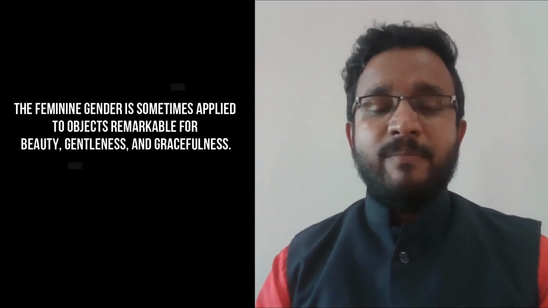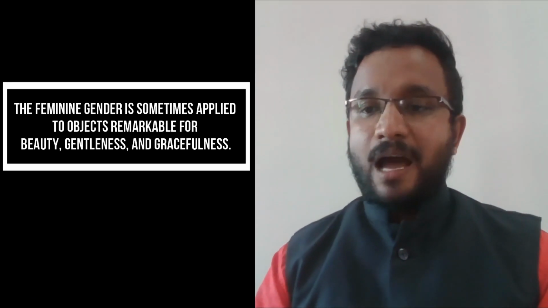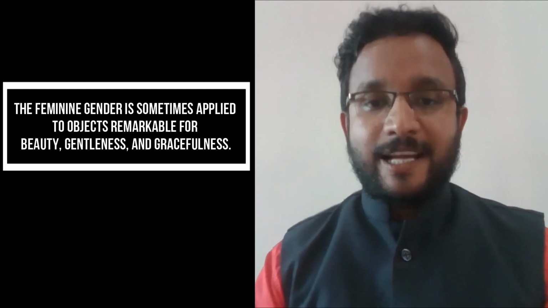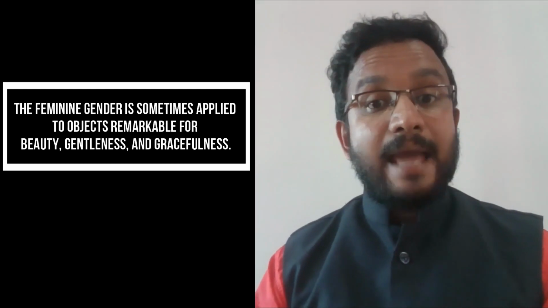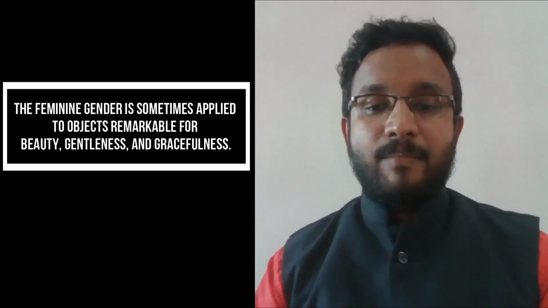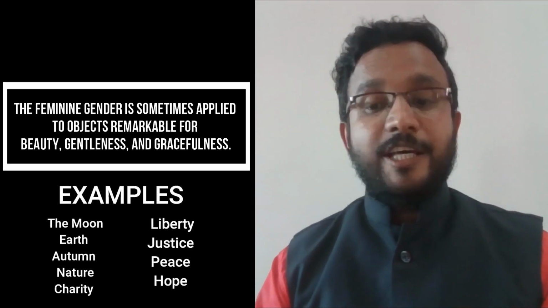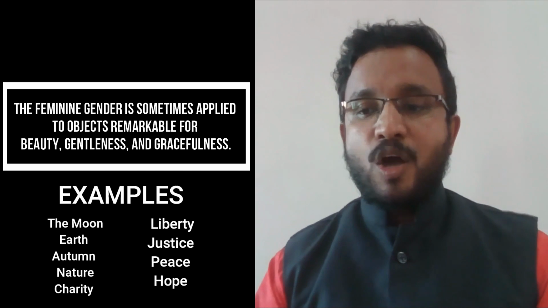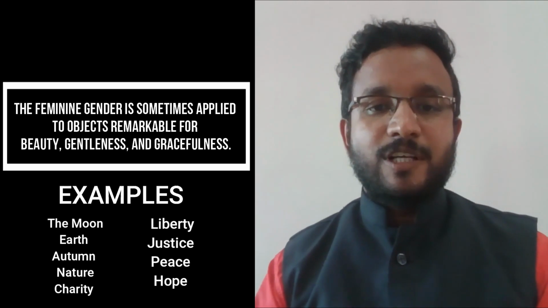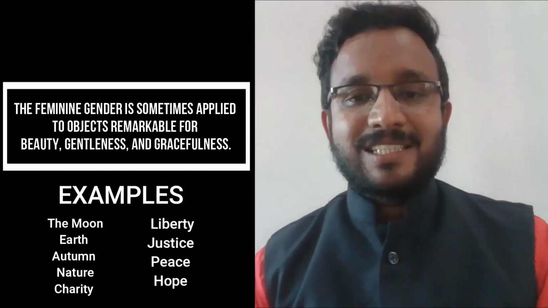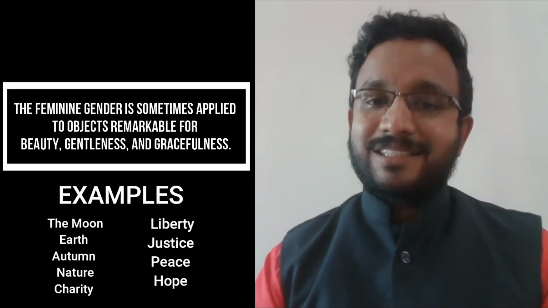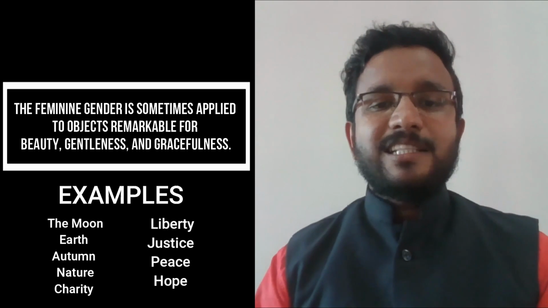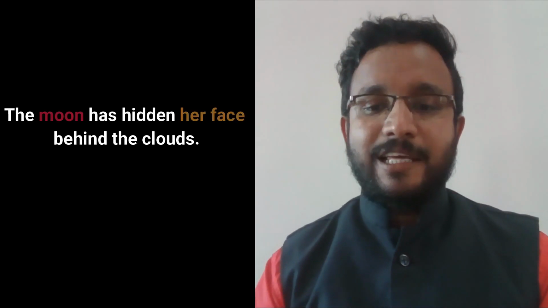Now, the feminine gender is sometimes applied to objects remarkable for beauty, gentleness, and gracefulness. Examples: the moon, the earth, spring, autumn, nature, liberty, justice, peace, hope, charity, etc. Now, let us take a sentence and study it.